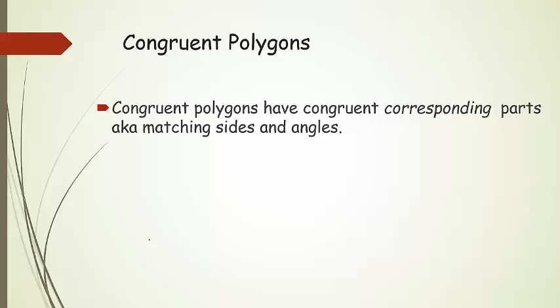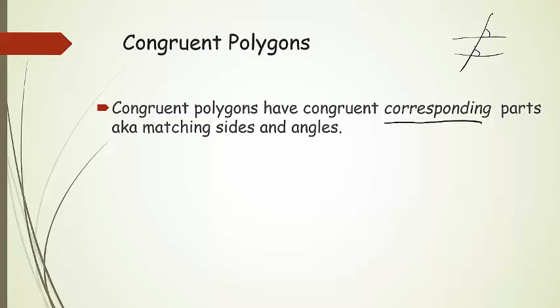I want to take a minute and talk about the word corresponding. It's important for us to realize that if 2 polygons are congruent, then all of their corresponding pieces are also congruent. Now, we've talked about corresponding before when we were learning about angles, and I will put angle markings in those 2 spots and ask you, what kind of angles are those? And you would say they're corresponding angles.